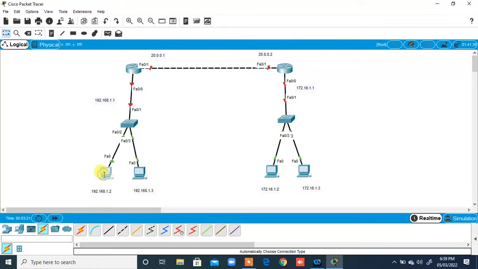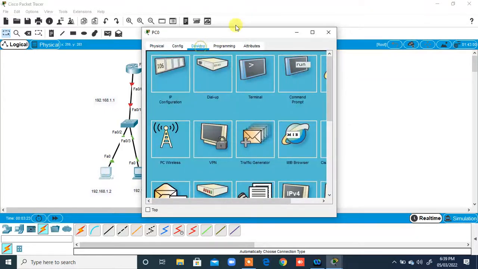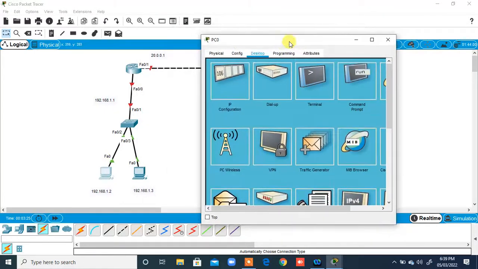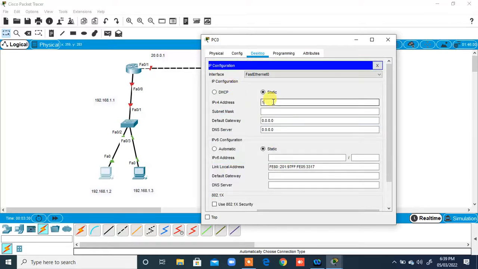Let me assign the IPs to my end devices, then we will move to the router configuration. 192.168.1.2, and here I am going to put 192.168.1.1 as a gateway, which we are going to assign to my router on interface FA0/0.